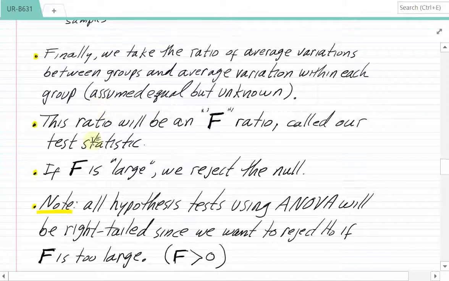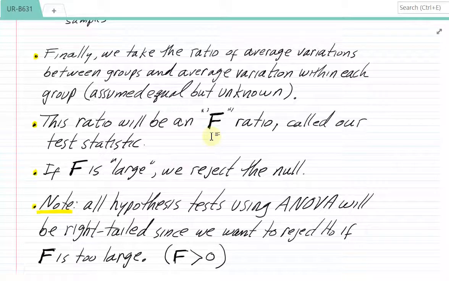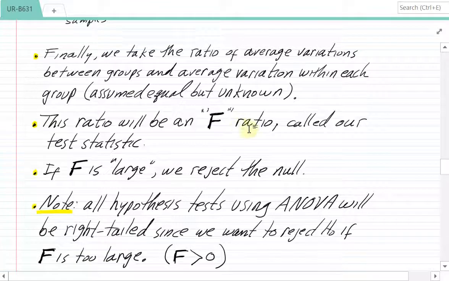Now, the ratio is what we call an F ratio. Again, it goes back to the mathematics that we're not covering in this course. But that ratio forms a probability distribution known as Fisher's distribution. F stands for Fisher distribution, and that's going to be our test statistic.